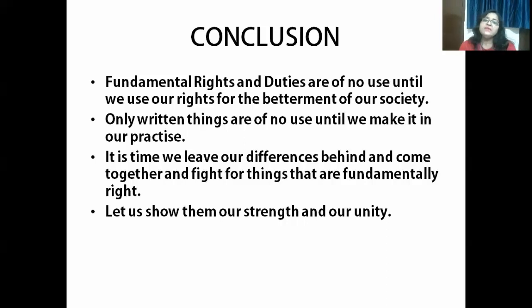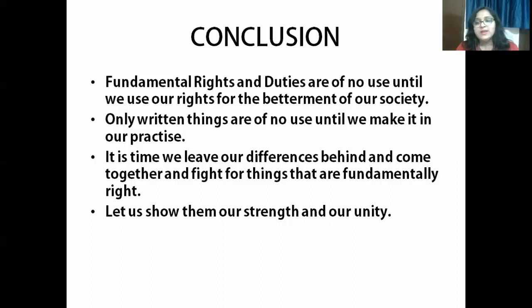It is the time that we should leave our differences and come ahead for the betterment of the state, and we should avail all the facilities, all the fundamental rights that are given by the state, as well as fulfill our duties for the betterment of the state and the country.